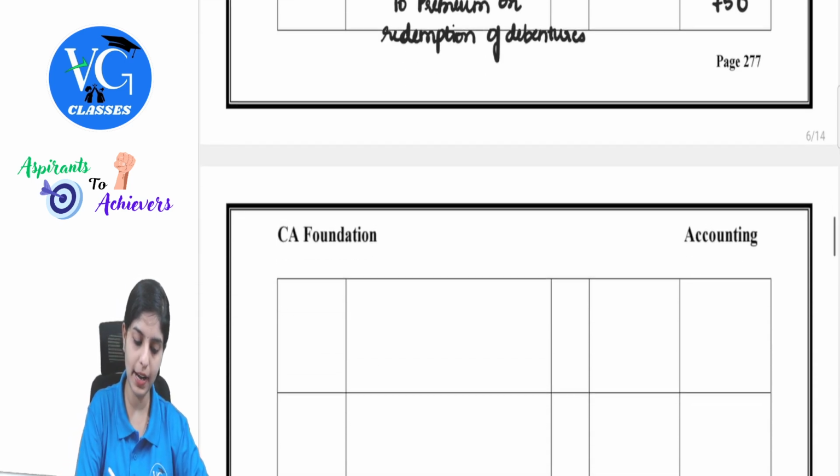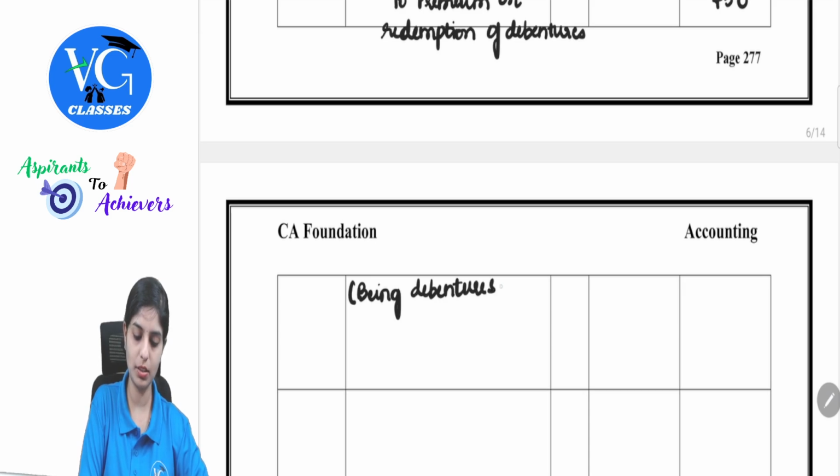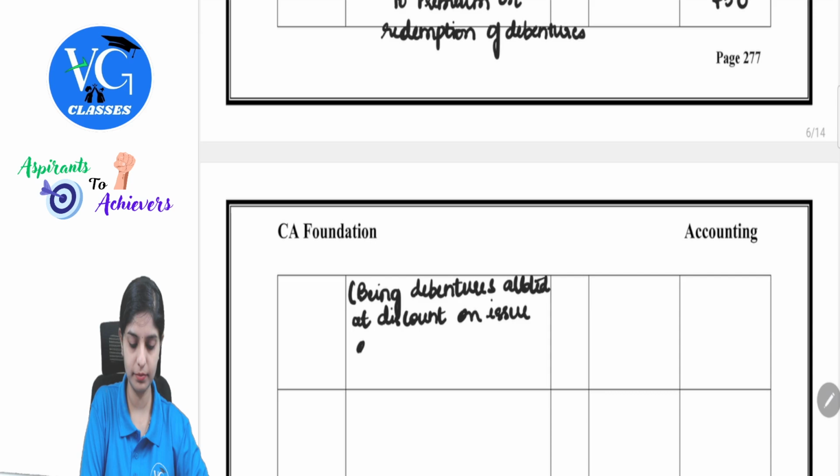This is an important entry being debentures allotted at discount on issue and premium on redemption.